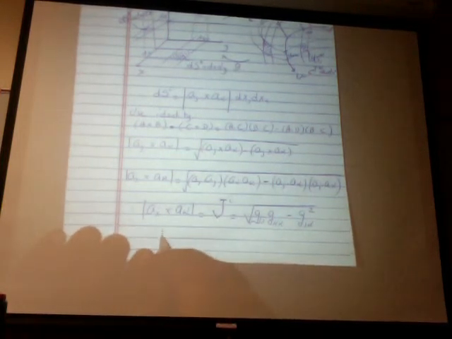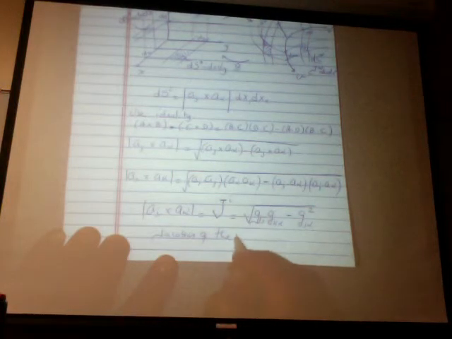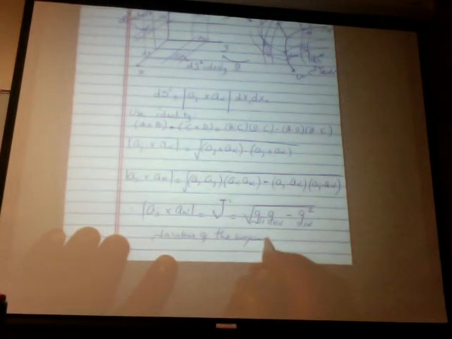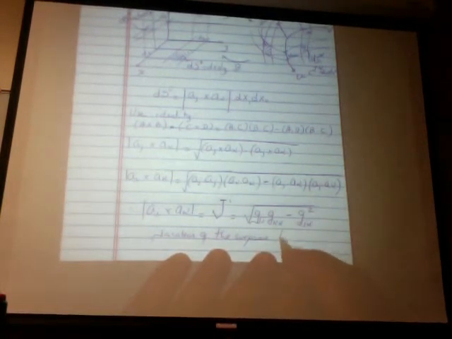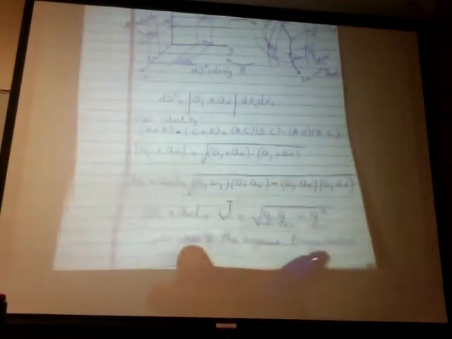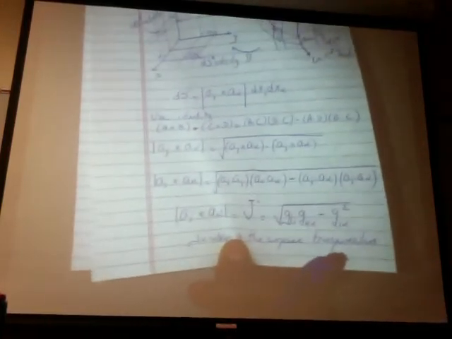This is the Jacobian of the surface transformation. These are usually the most difficult ones, the transformation of the differential surfaces.